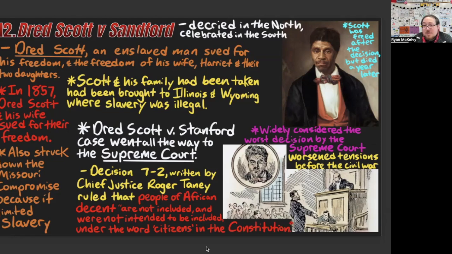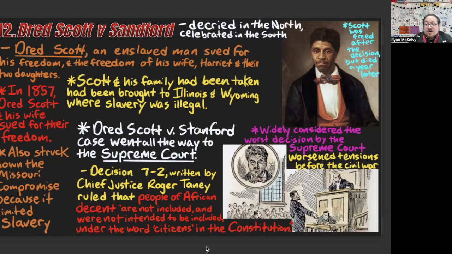Then you are not protected by any of the amendments. You are not protected by the Constitution. The Constitution is only for white people. It only protects white people and their citizenship and their rights. And if you are of African descent, then you're not a citizen. You can never be a citizen.